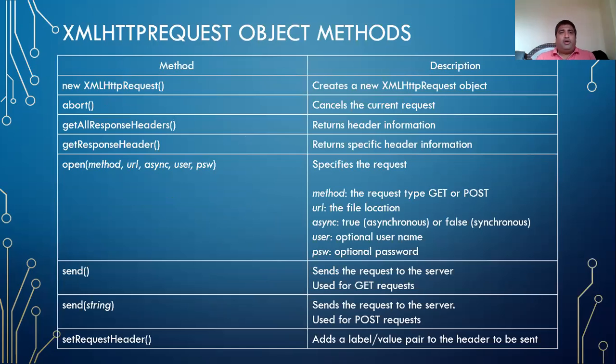Next, the important methods used in the XMLHttpRequest object. The first is new XMLHttpRequest. This method is used to create an object of XMLHttpRequest. Next, if we send a request and want to cancel it, we use the abort method. getAllResponseHeaders: a header is what is sent along with the data to the server when the packet is created, and it contains the packet information.